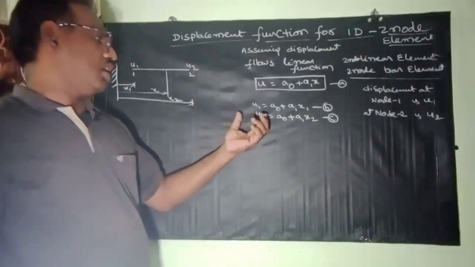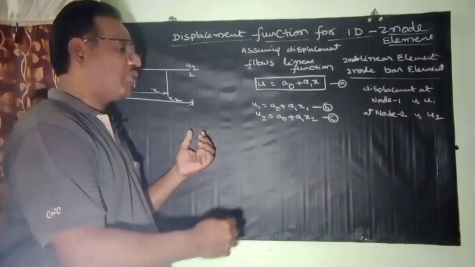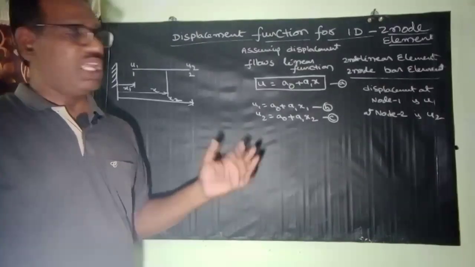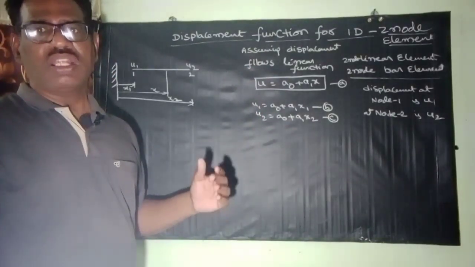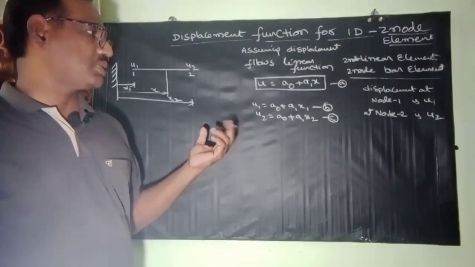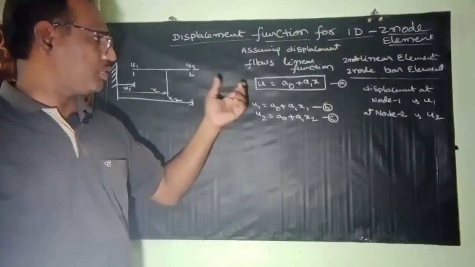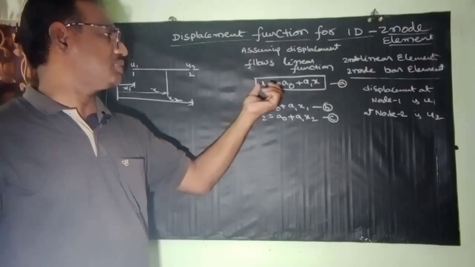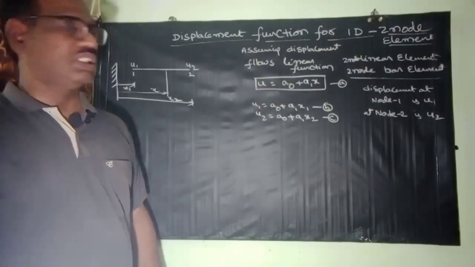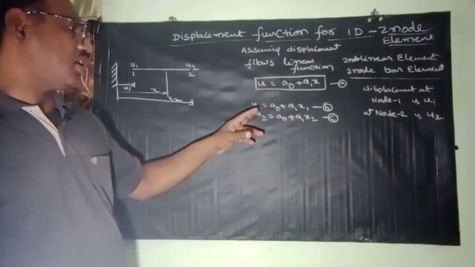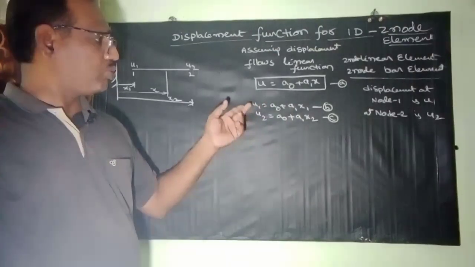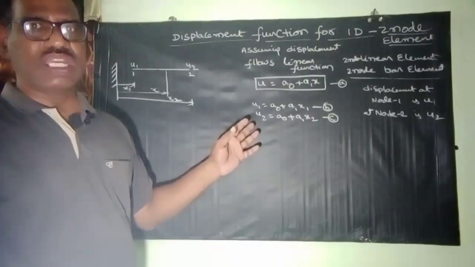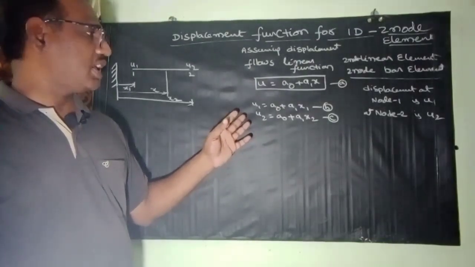Now we have to find a0 and a1, and rewrite the basic displacement function in terms of the nodal displacement values u1 and u2, to make it a meaningful function. Because we have two unknowns, a0 and a1, and two equations, we can solve and calculate a0 and a1.